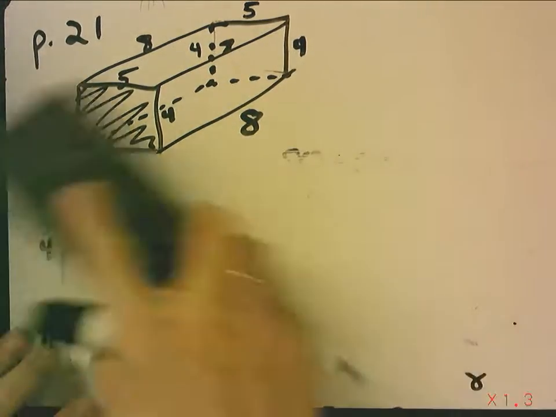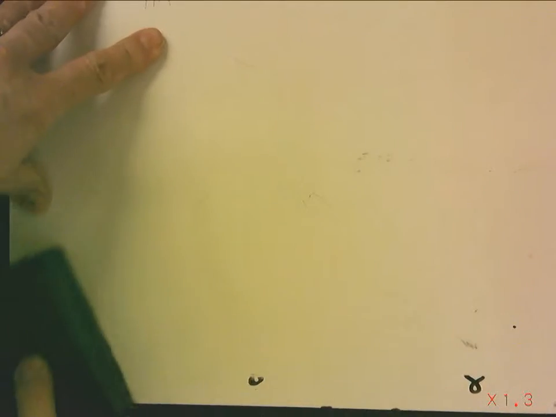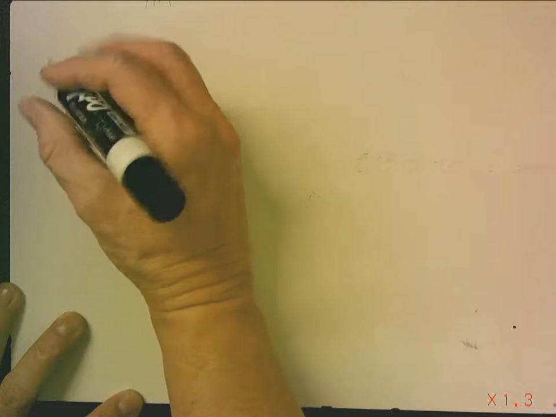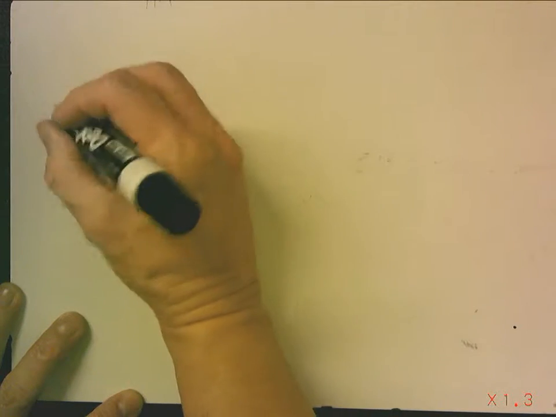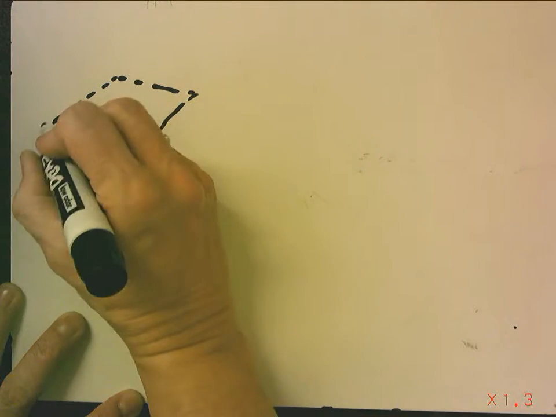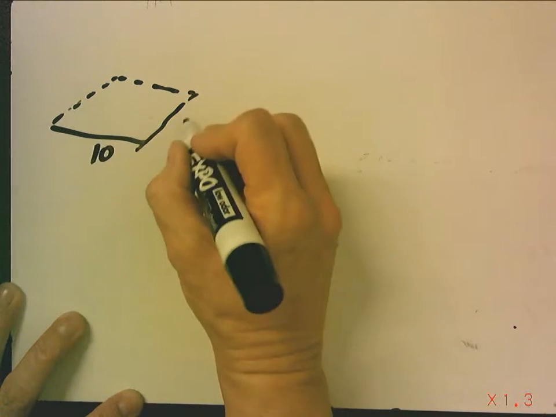Okay, now, still on page 21, we're going to find the surface area of a square pyramid. First of all, how do we know this is a square pyramid? Well, we know that the base is a square because this is 10 by 10.